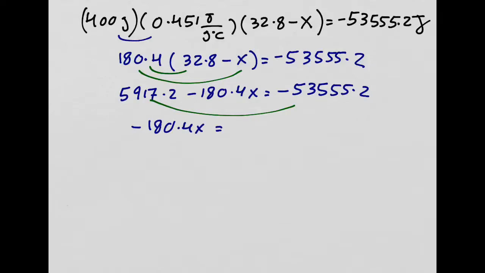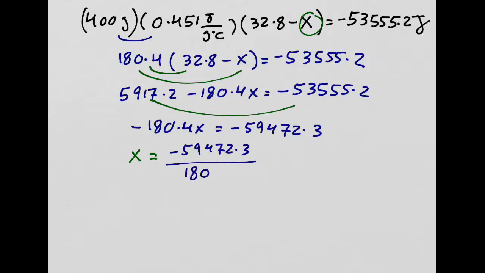So it would be minus 59472.3, because when you move it to the other side, it has to be minus. Now I can finally solve for x. It would be minus 59472.3 divided by minus 180.4. What I end up getting is 330 degrees Celsius.